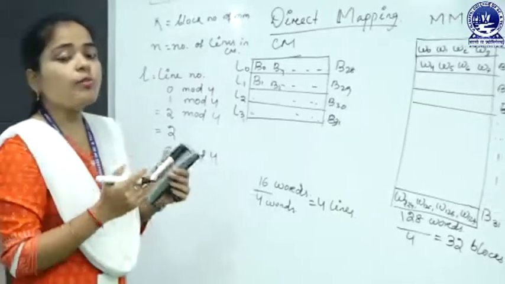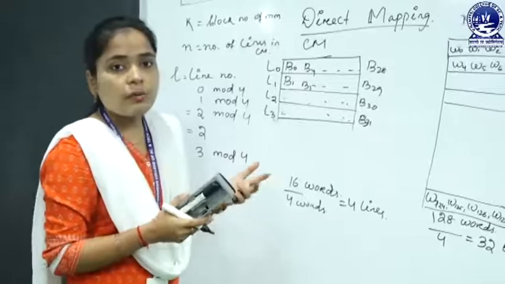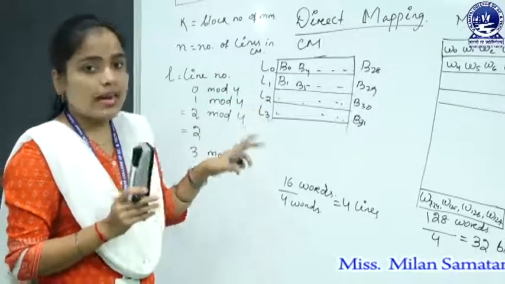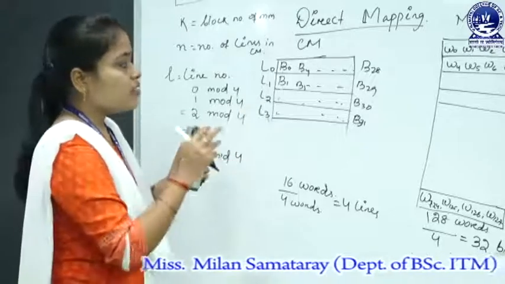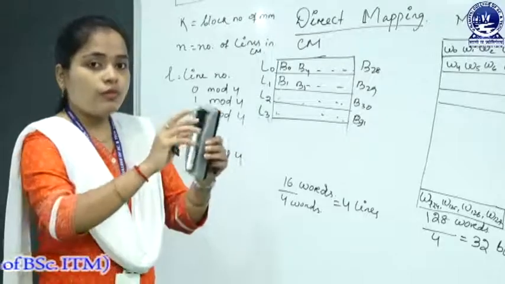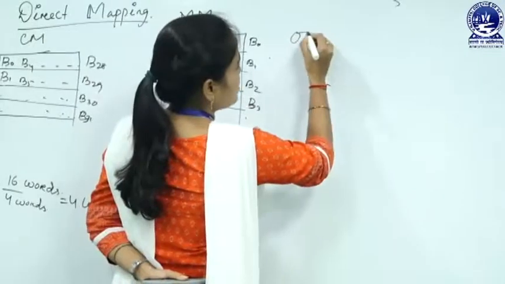But how will the processor know where the block is placed? So the processor will only generate the address. That means it will send an address to the memory for what we want. Let the processor generate the address like this.